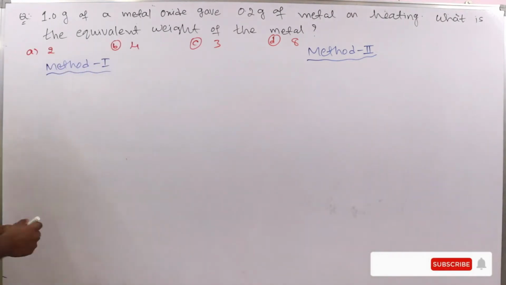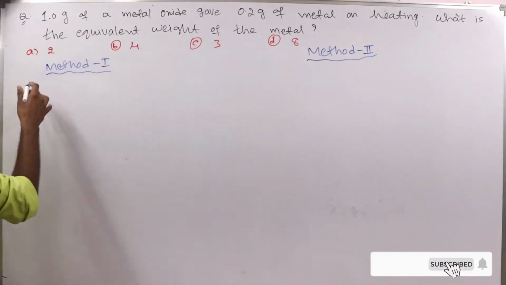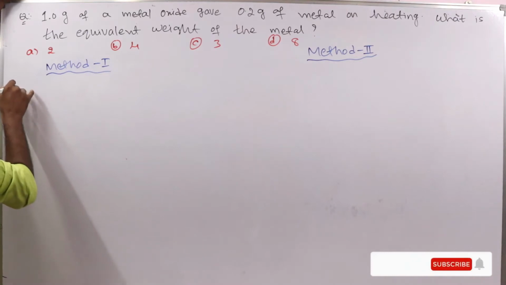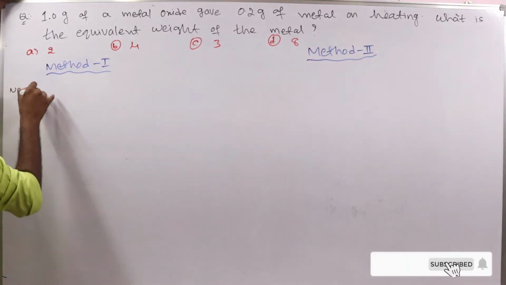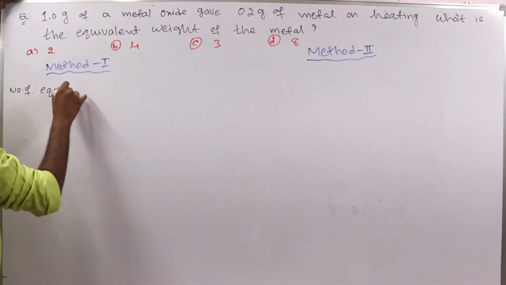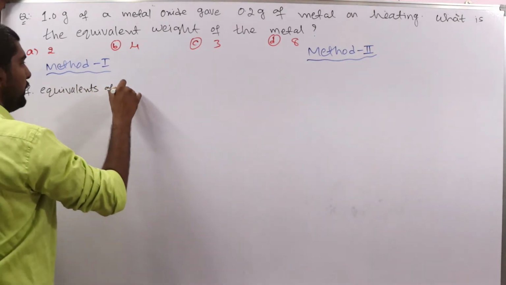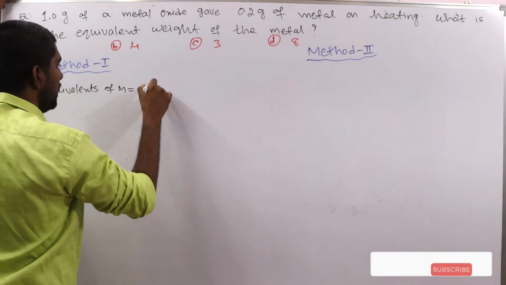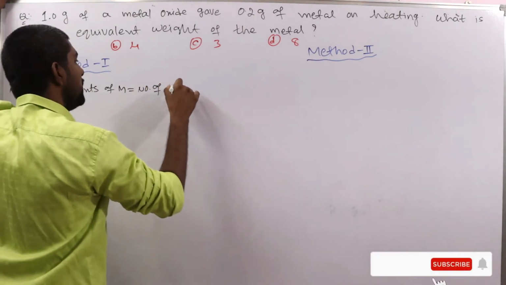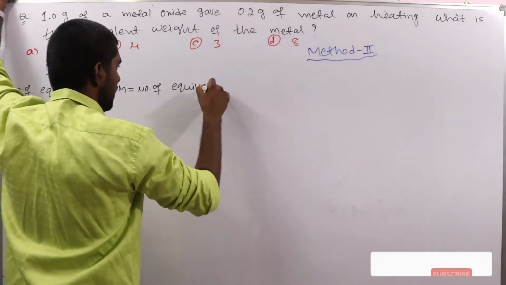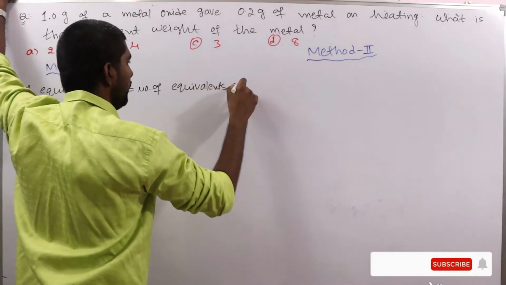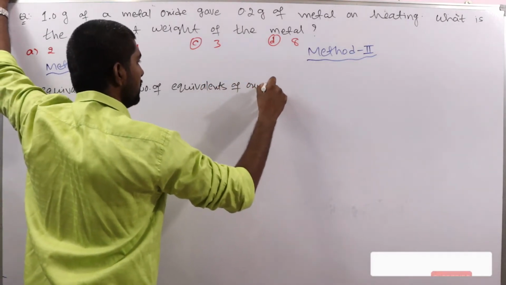The first method is that, to solve this one, number of equivalents of metal is equal to number of equivalents of oxygen.